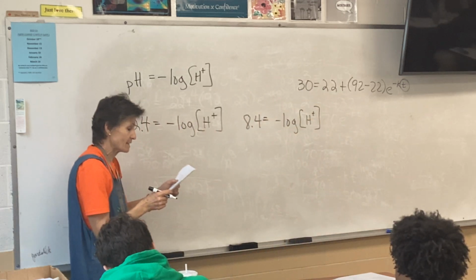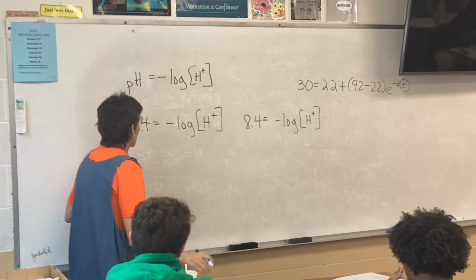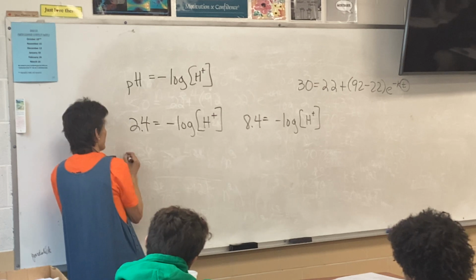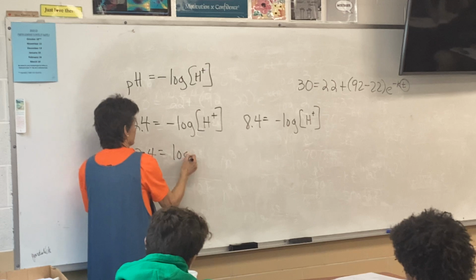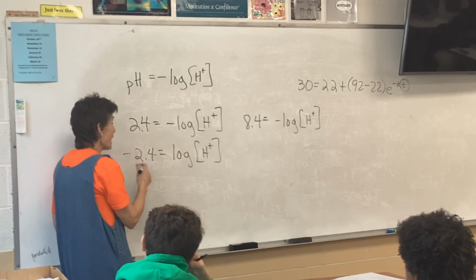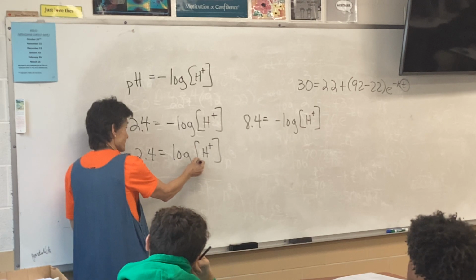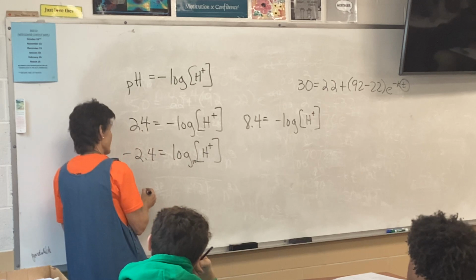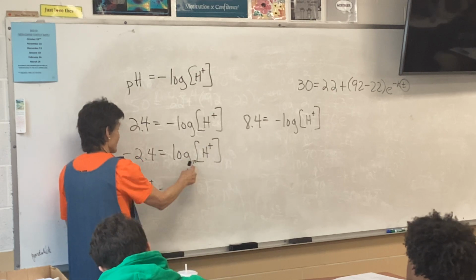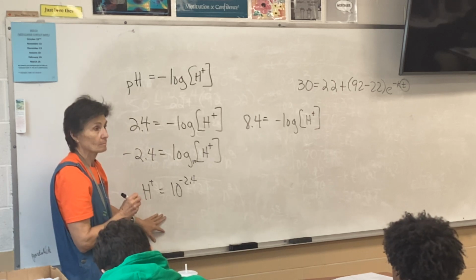How many more times acidic is the vinegar? Okay. Would you agree that I can divide both sides of this equation by a negative? Right? And now, since this is a common logarithm, the base is 10, I can rewrite this as that ion concentration thing is 10 to the negative 0.24, right?